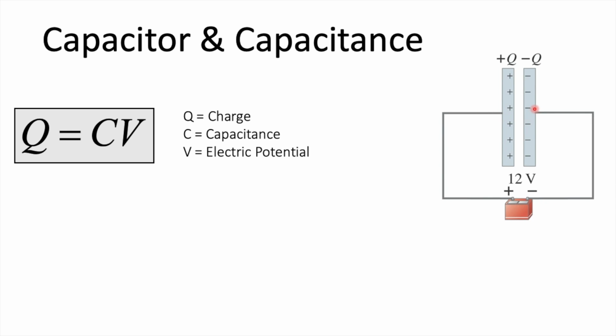Now this is a device that's storing the charges that we got from the battery. Actually, the battery helps to put the charges in the plates. How much charge we can store here depends on the potential difference the battery can provide. So the stored charge Q is proportional to the voltage V, and we replace that proportionality sign by a constant C called the capacitance of the capacitor.